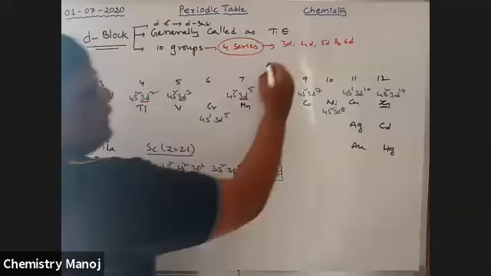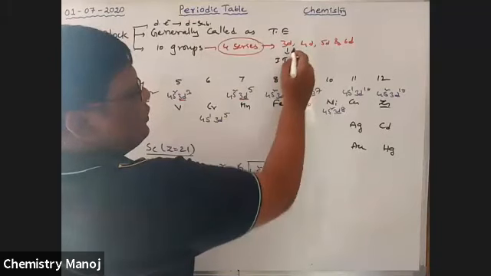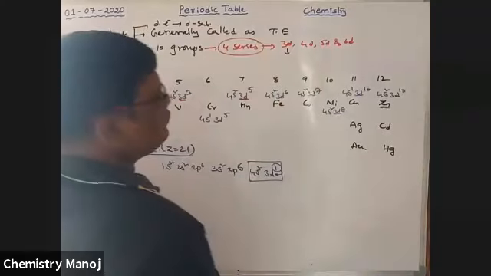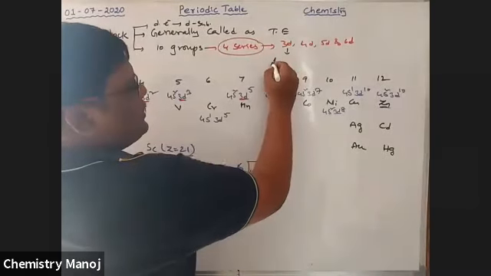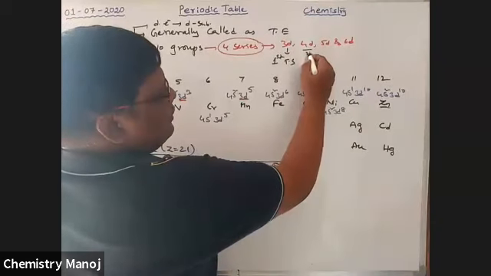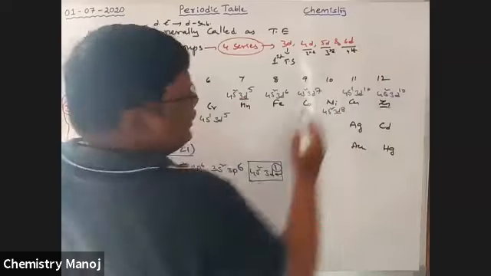That means 3d is the first transition series, then the second, third, and fourth transition series.